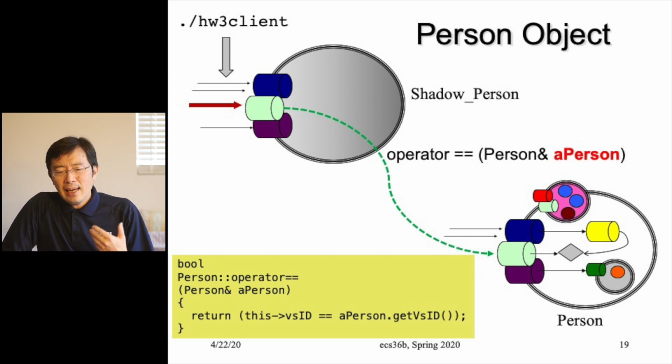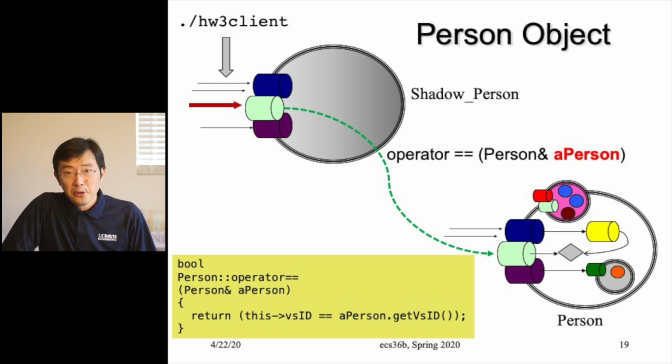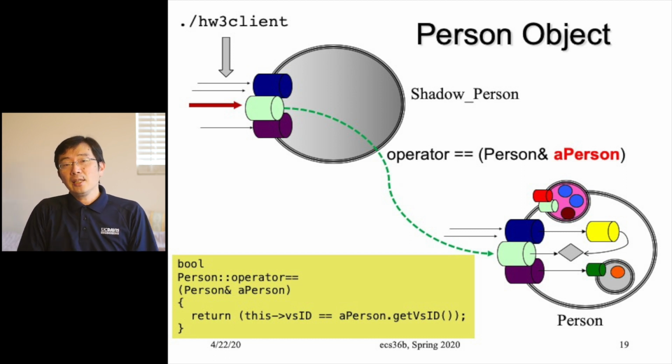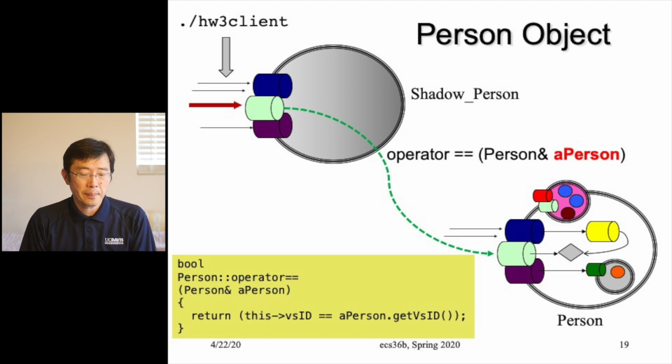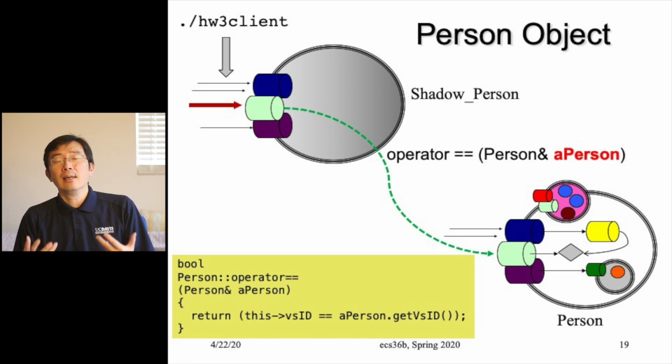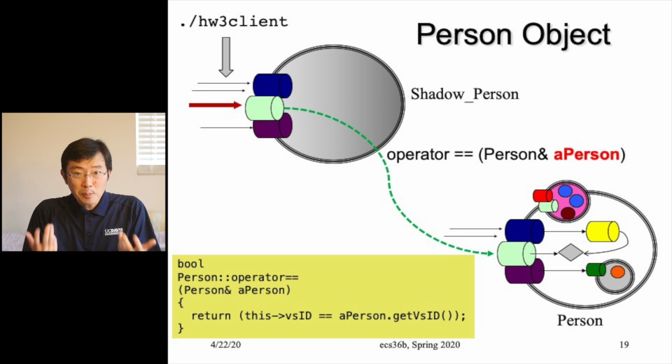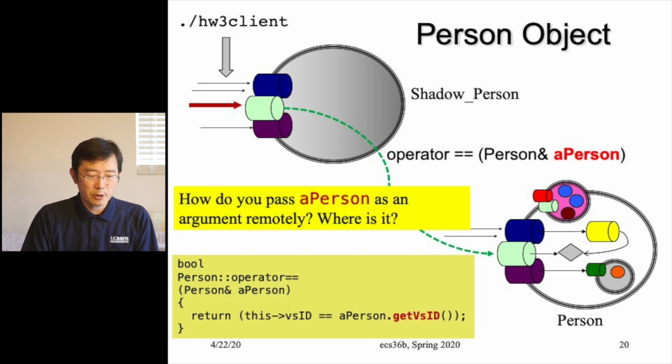But now what do we mean by referencing a person object that is actually in a remote place? For example, if I shift this to a remote place, the object is not there. It could be in another place, and the thing is how do we actually handle this situation? That makes things a little bit more complicated, and that's the challenge I want you to experience, because if you can handle this, you can handle pretty much all the scenarios that involve objects. Okay?